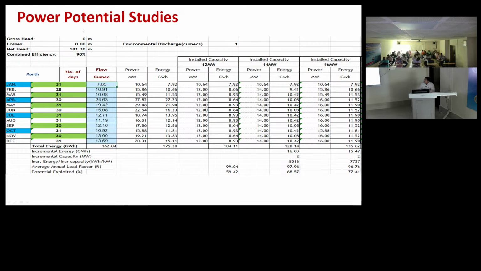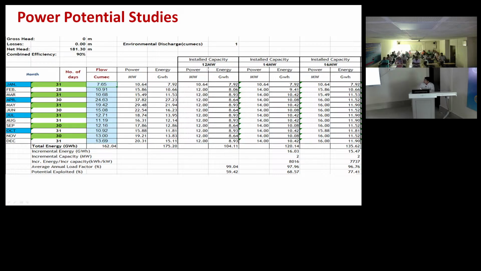So in power potential studies, like I told, first we have finalized a particular year based on the dependability. That particular year's flow values we will fix and take here, and we use the formula rho g QH, that is the power formula. For different heads, we'll first try to estimate what will be the power.